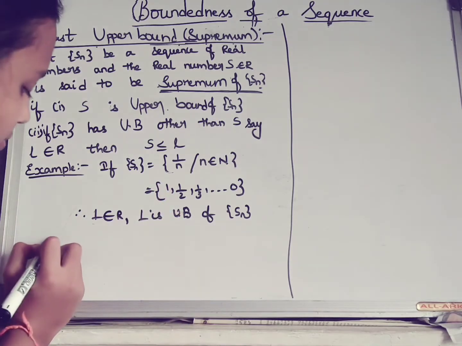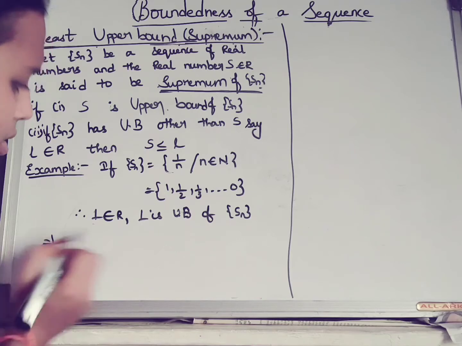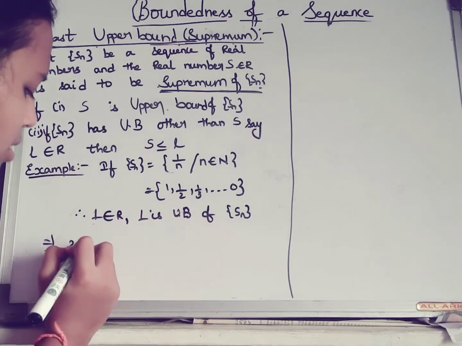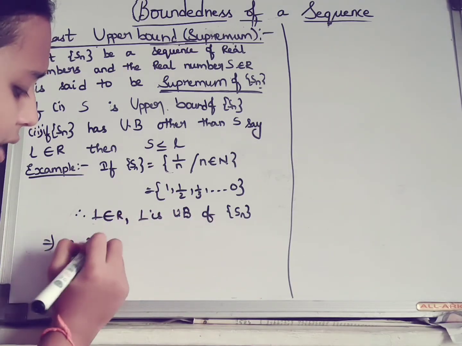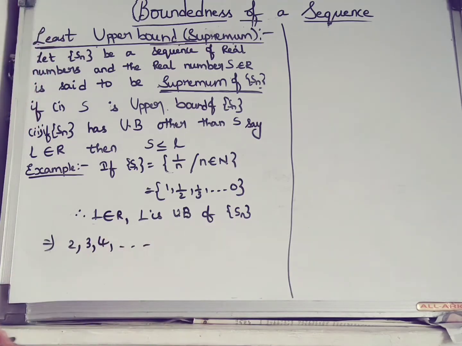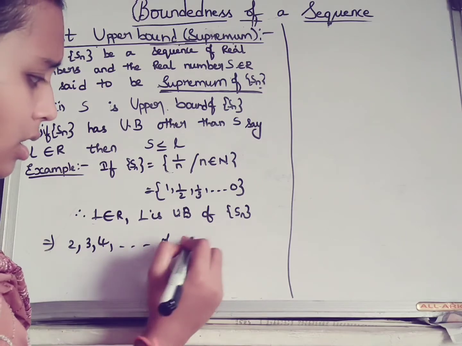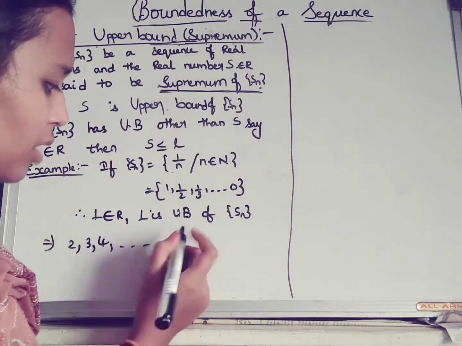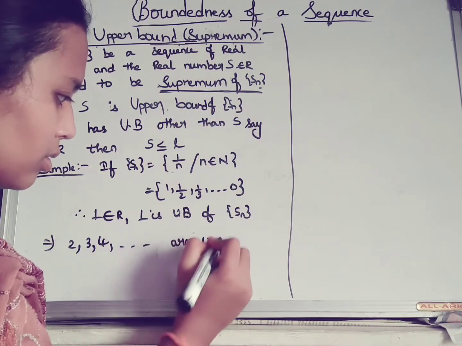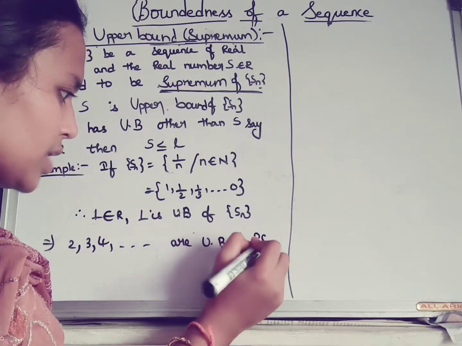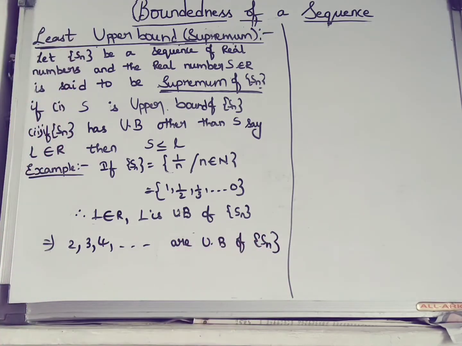Next, also 2 is an upper bound, 2, 3, 4, 5 and so on up to infinity. All these are upper bounds of sequence Sn.